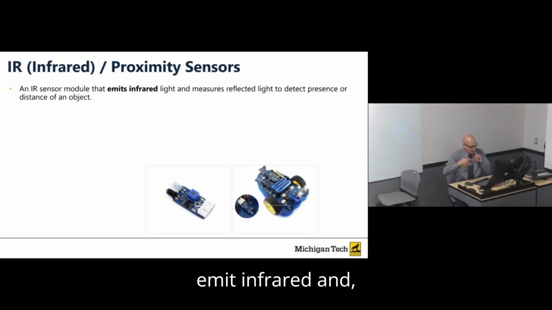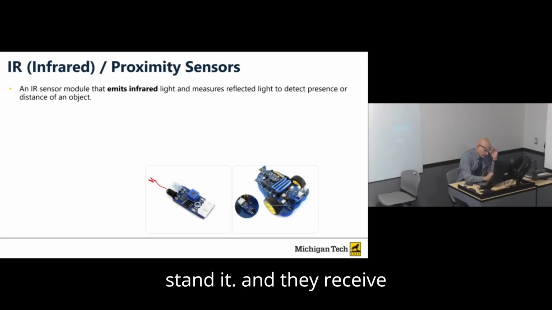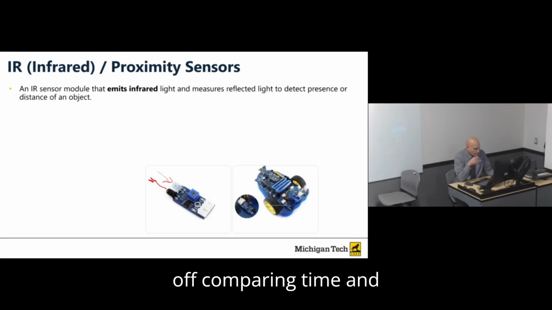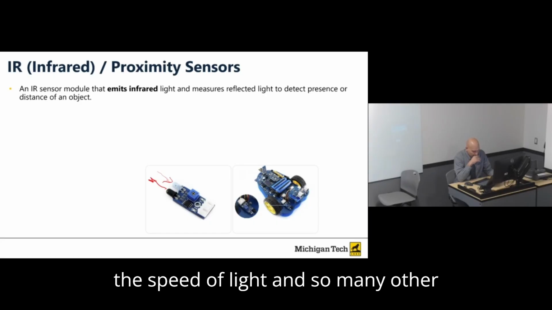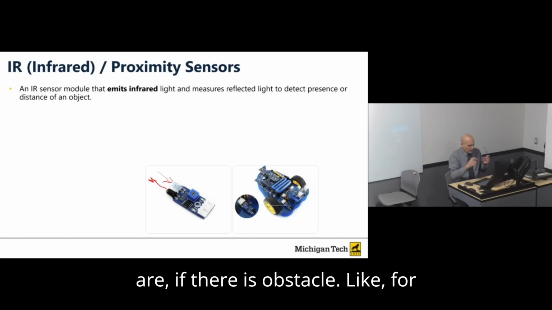They send it and they receive the reflected light, and based on comparing time and the speed of light and so many other things, they compute how far obstacles are, if there is an obstacle.